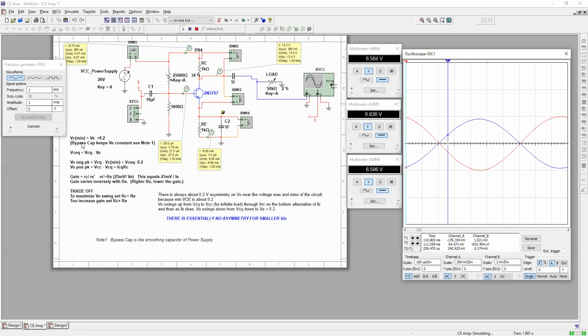Let's look at some of our formulas. The lowest that the collector voltage can go is going to be the emitter's voltage plus this special saturation voltage of 0.2. So that's going to be the floor for our collector. Then VC top, the maximum you can get, is going to be the situation where there is no current.